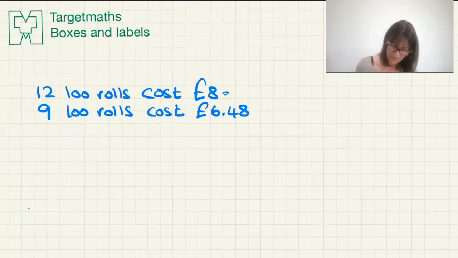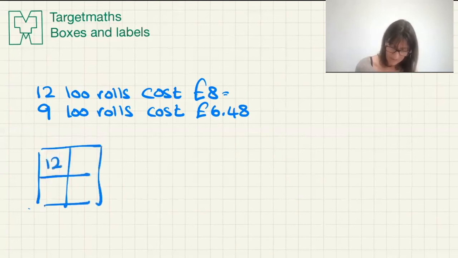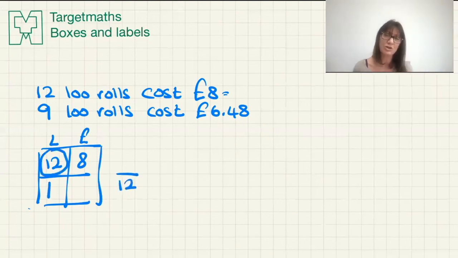Okay, so let's do the first one. So I've got 12. I'm going to do L for loo rolls. Got my pound sign, £8. I want to know the cost of one. So I've got 12 trapped. I do like a circle there. It's really good because it just focuses in again on what it is you're supposed to be doing. I'm going to times that by 8.